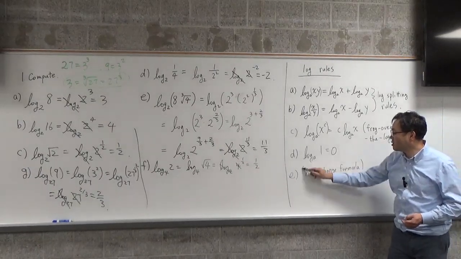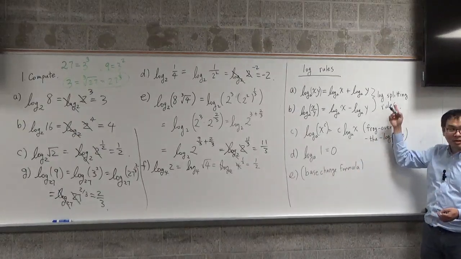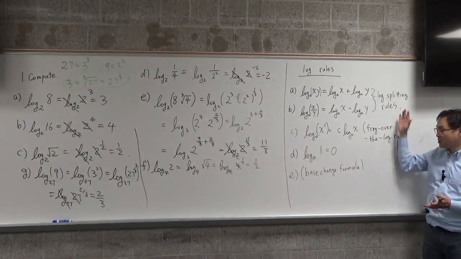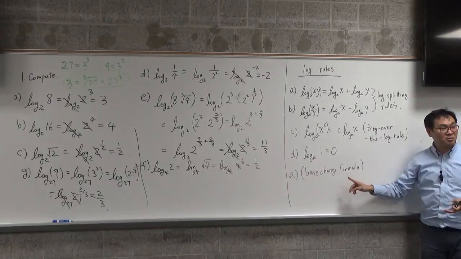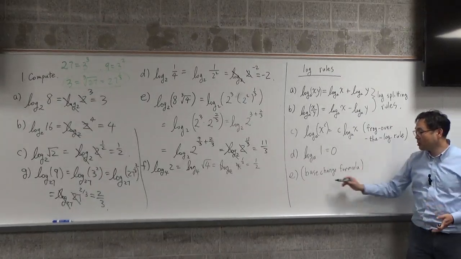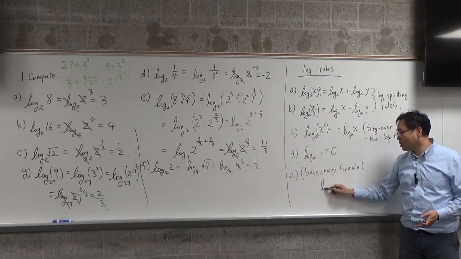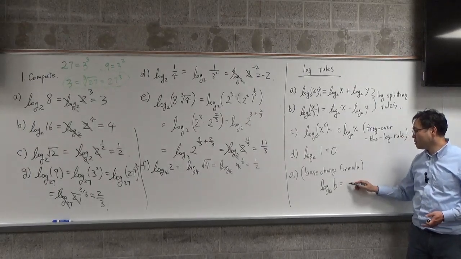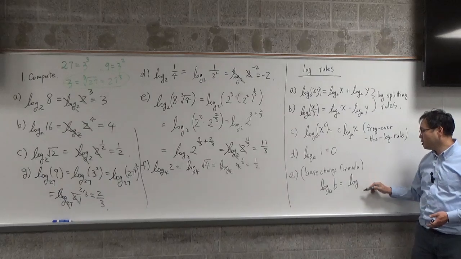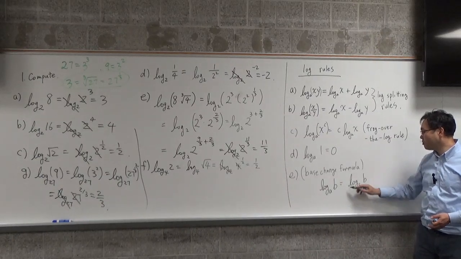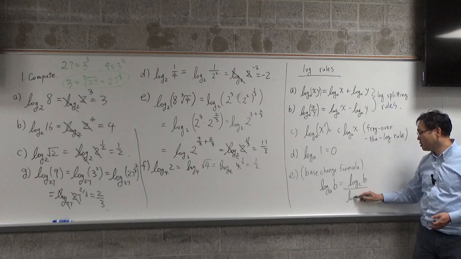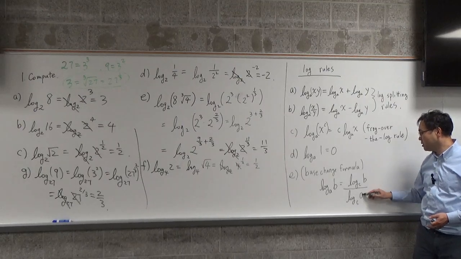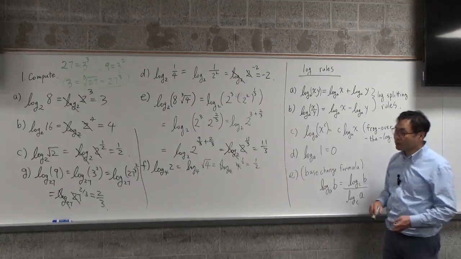By the way, these other ones are my terminology that I coined. The base change formula is the official name for the following identity: log base a of b is equal to log base c of b over log base c of a.